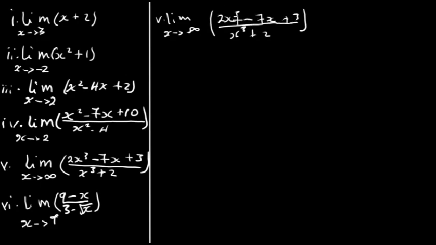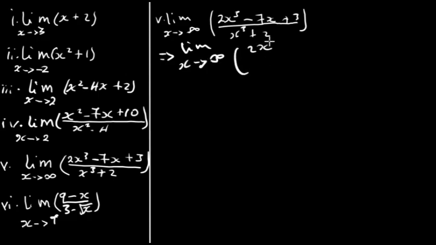So what we are going to do is divide each term of both numerator and denominator by the highest power of x, and the highest power of x in the function is x cubed. So we take each term and divide it by x cubed.